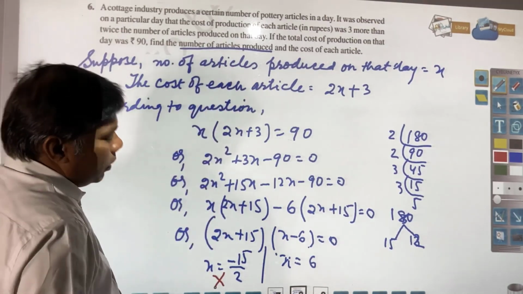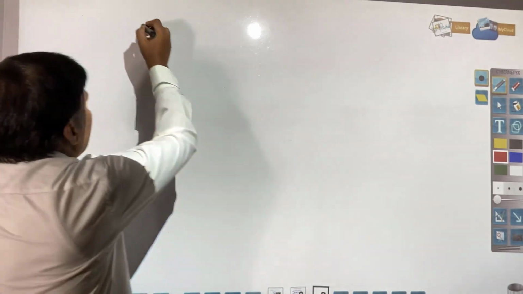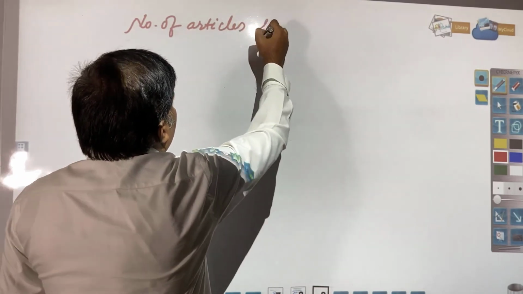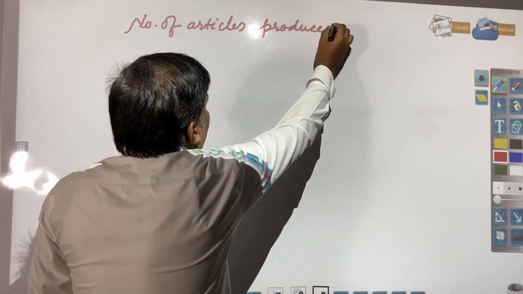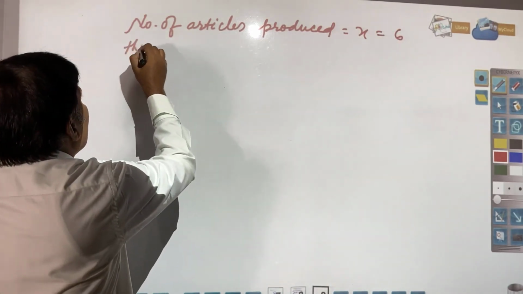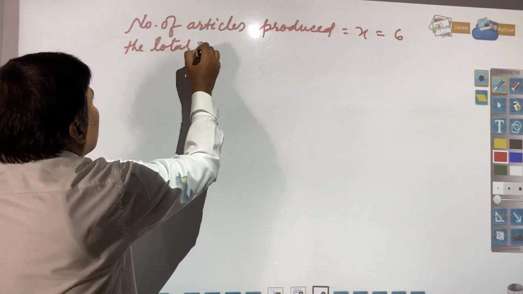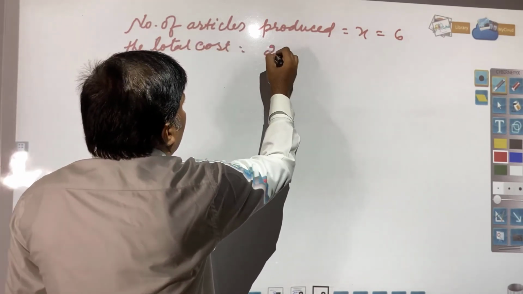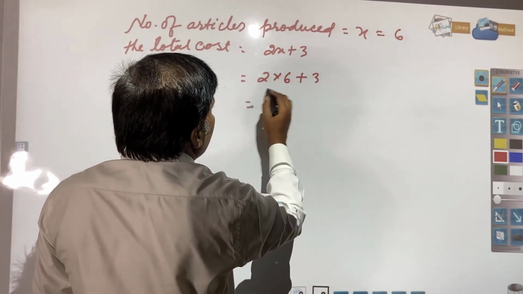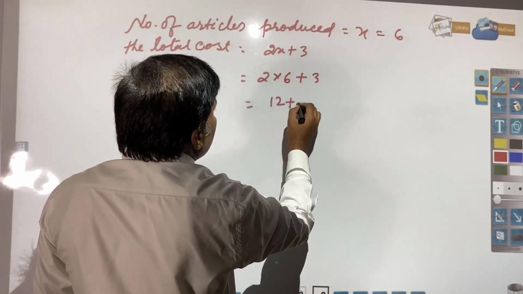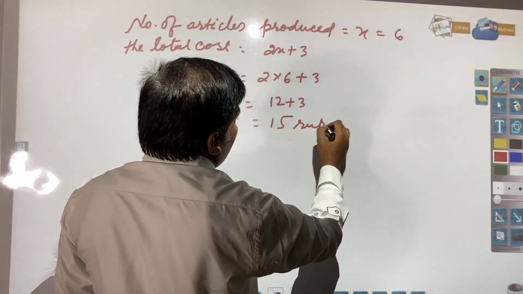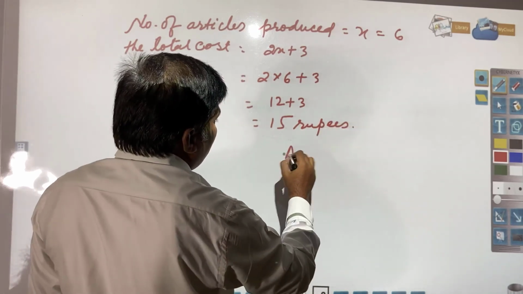So the number of articles produced is equal to x, and that is equal to 6, and the cost of each article will be 2x plus 3, it means 2 into 6 plus 3, it means 12 plus 3, and this will be 15 rupees. So this will be your answer.